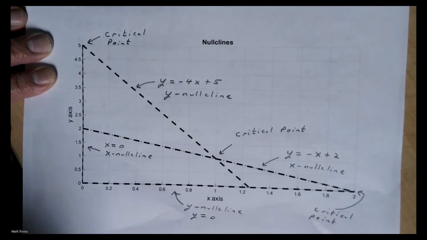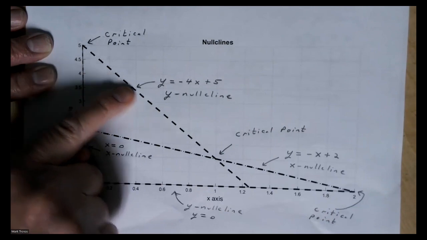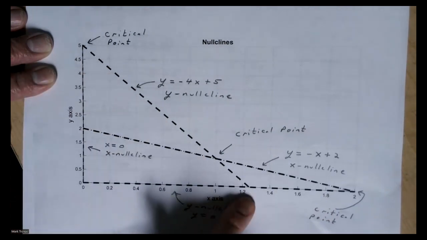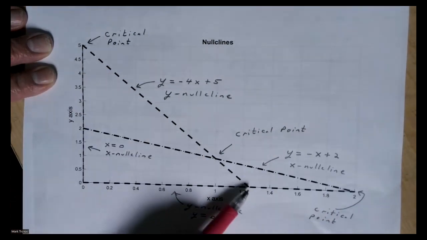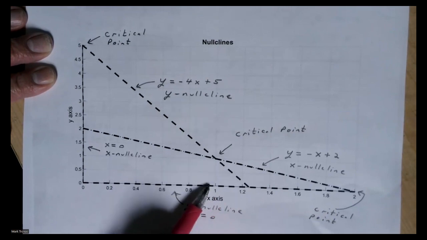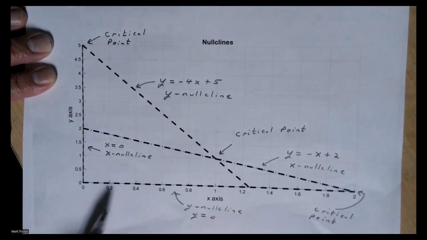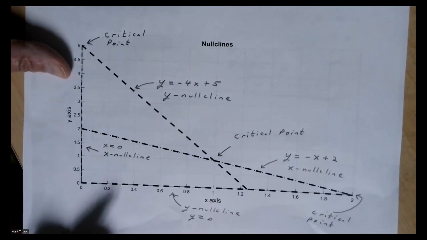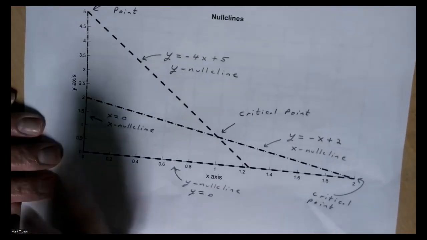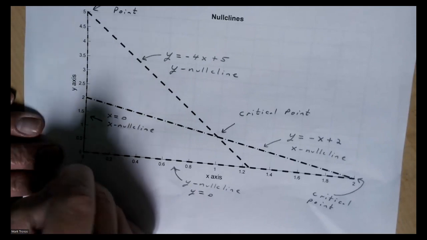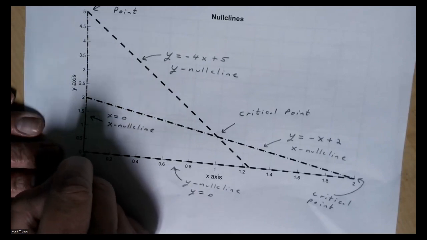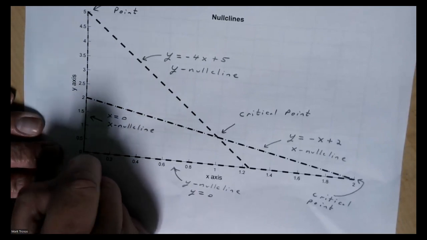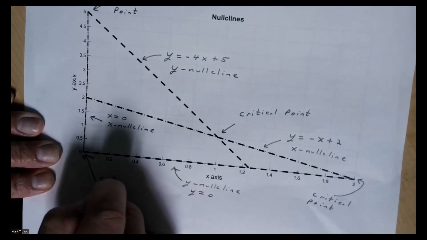And this is a y nullcline and a y nullcline, so this one is not a critical point because these are just two y nullclines. And now over here we have an x nullcline and a y nullcline intersecting, back here, so this is a critical point.